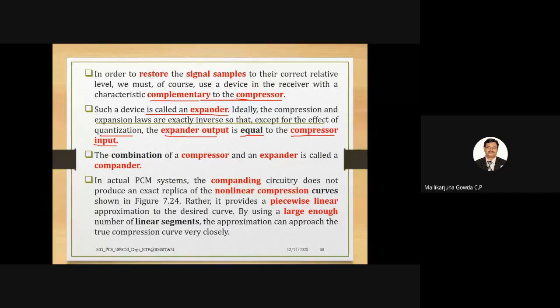At the receiver side, we need to do the reverse operation, which is the expander. The combination of compressor and expander is known as the compander. If I use a compressor at the transmitter side and an expander at the receiver side, the combination is known as a compander.